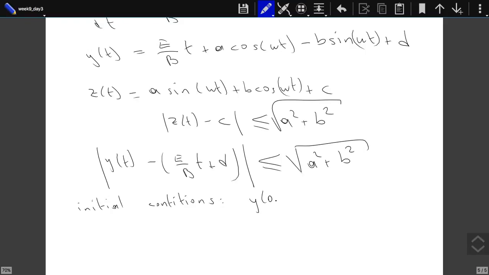Y at 0 is equal to Z at 0. This is equal to 0. I'm just setting my origin to be the initial position of my object, and I'm just releasing it from rest.